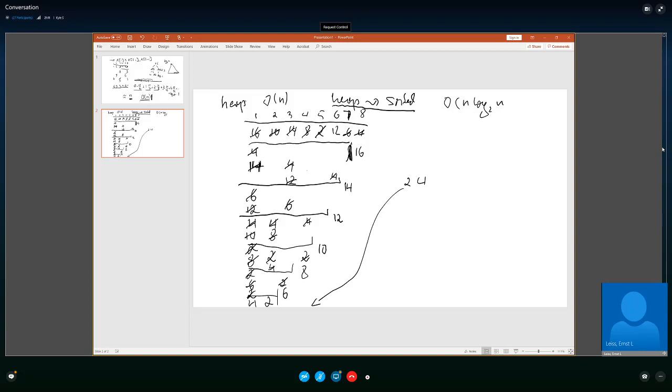Because if it were less than that, then the sum of constructing a heap and going from the heap to the sorted array would be less than n log n, and that would clearly contradict the result that we obtained, namely that it takes n log n comparisons to sort by comparison.